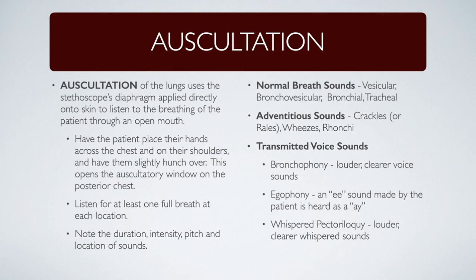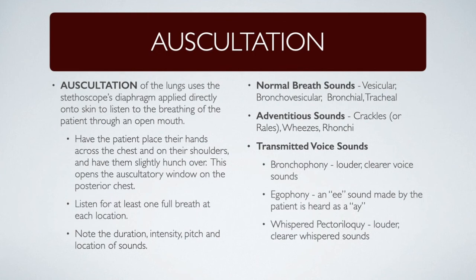And what does this tell you? Because sounds are better transmitted by solids and liquids, there is some consolidation or some fluid buildup in that area of the lung. Bronchophony: louder, clearer voice sounds. Whispered pectoriloquy: louder, clearer whispered sounds. So instead of speaking tres tres, you ask the patient to whisper in whispered pectoriloquy.